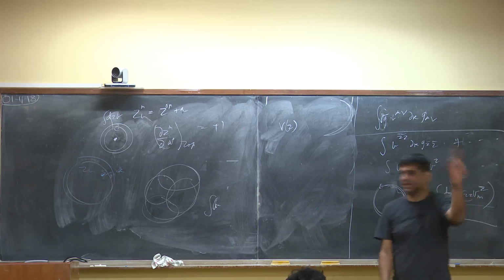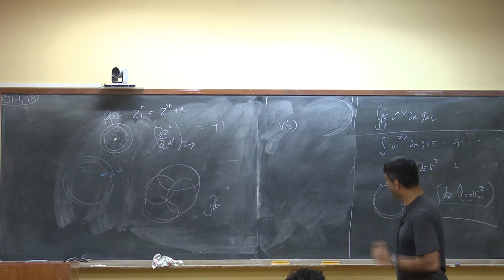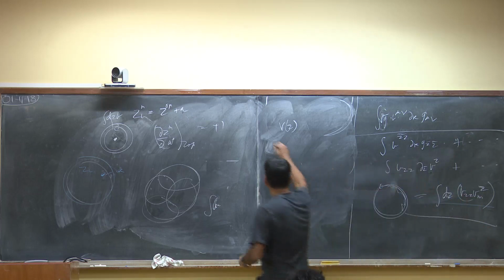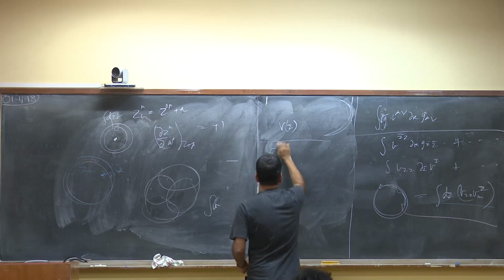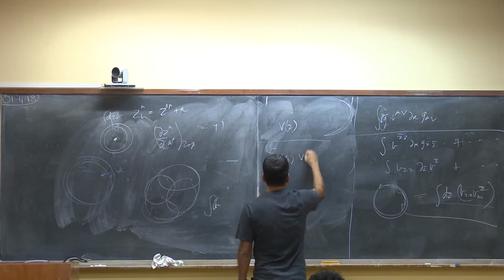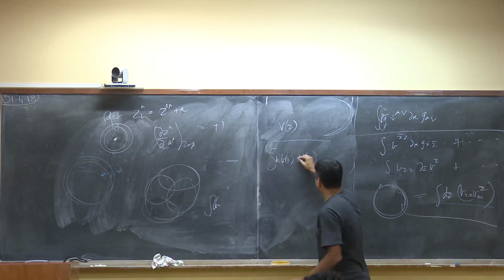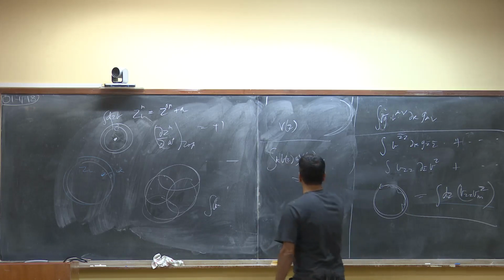What I'm claiming is that the integral dz b of z, acting on V of 0, c of 0, is equal to just V of 0.